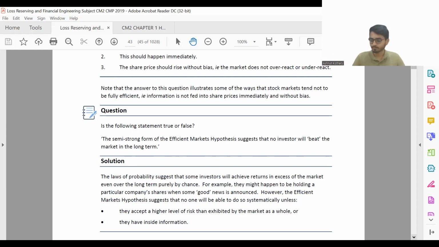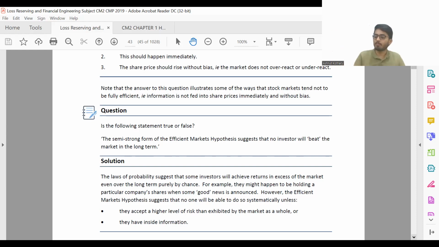Again, to frame your answer, the second part of it. However, the efficient market hypothesis suggests that no one will be able to do it systematically unless they accept a higher level of risk than exhibited by the market as a whole. So again, as an investor, I can systematically generate more returns in the market, but then I would be inherently taking higher risks.